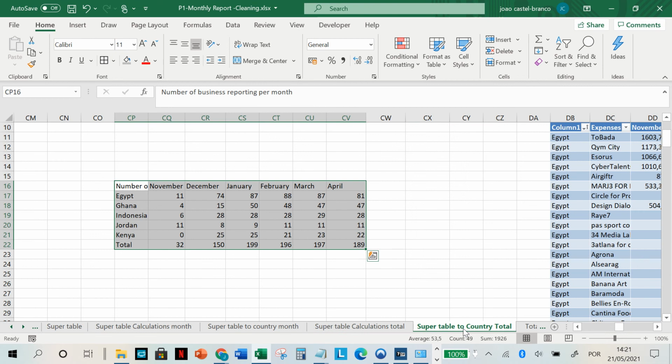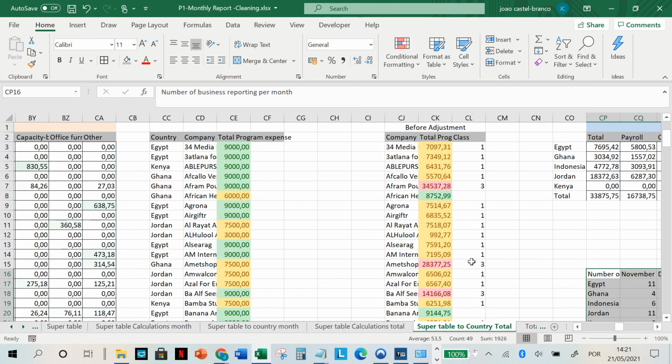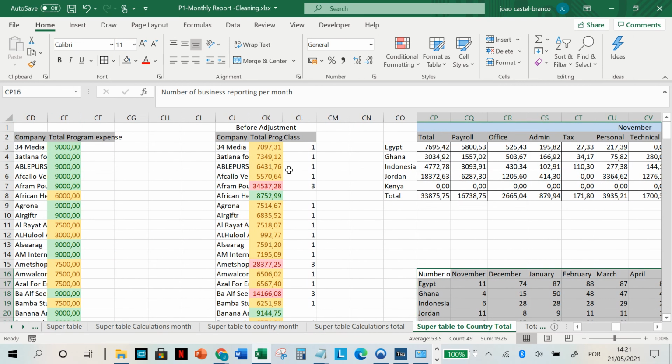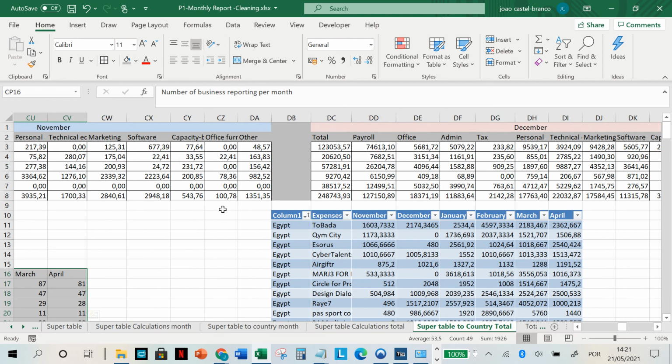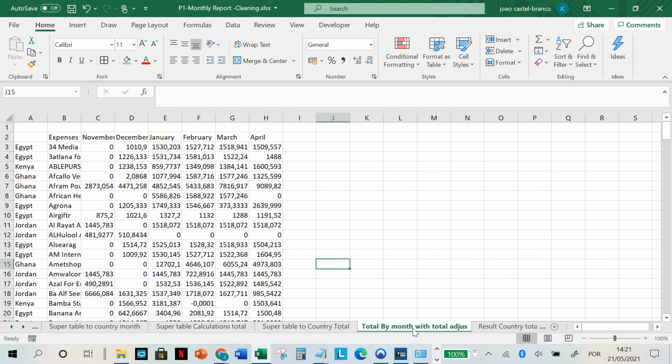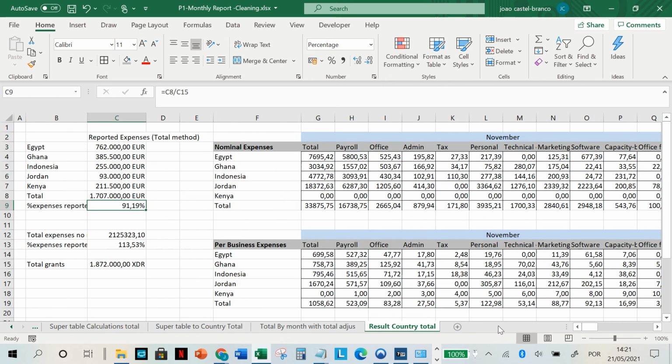Then I have done the adjustments. Okay, this is per country. This is the level of adjustments, because this is the final sum of the total. I did the total because I think it makes sense, but if you prefer the month, I can do this for the month.